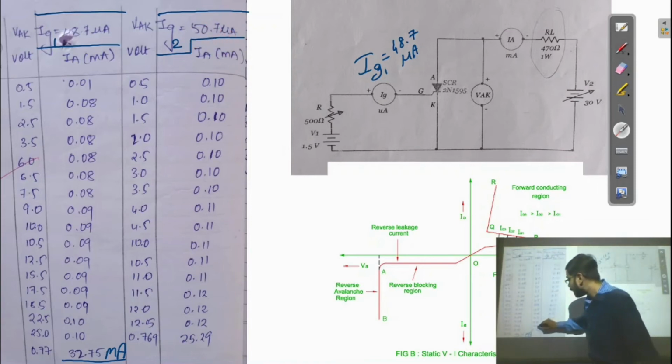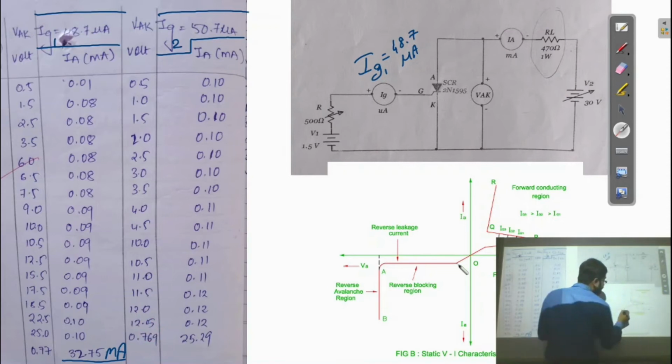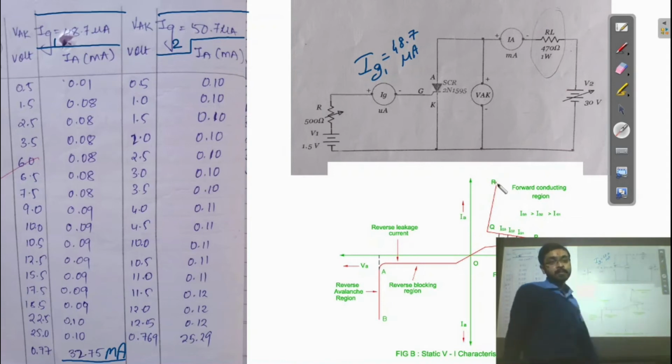So the breakover voltage reduces over here, and again it will go like this. The breakover voltage reduces and goes like this. So this is the practical reading.